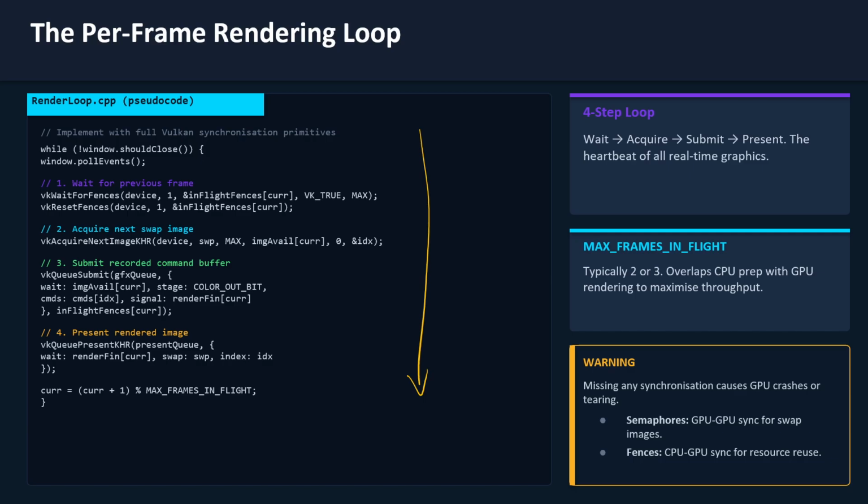This while loop is continuously running, and it ensures that until the window is closed, it will keep on running. The first thing it does is poll the events: it looks for mouse and keyboard events and processes those. The next thing it does is look for the images.